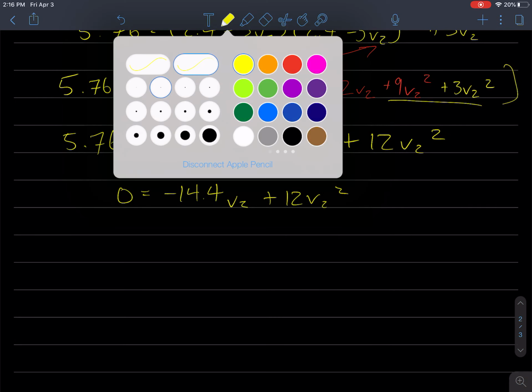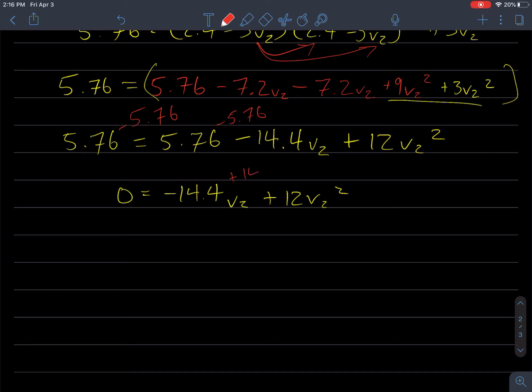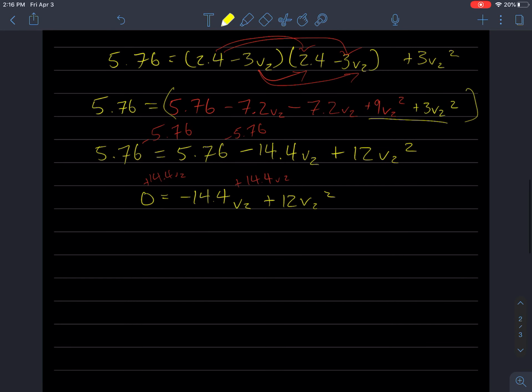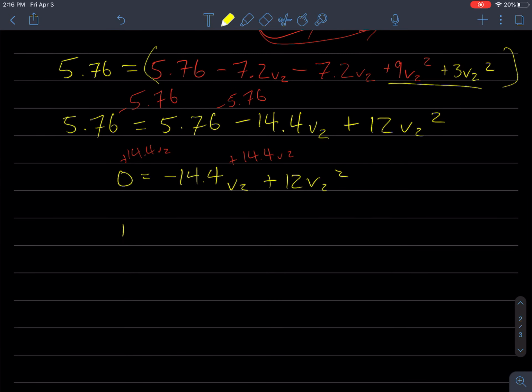We can add 14.4 v2 to both sides. All right, so we end up with 14.4 v2 equals 12 v2 squared.